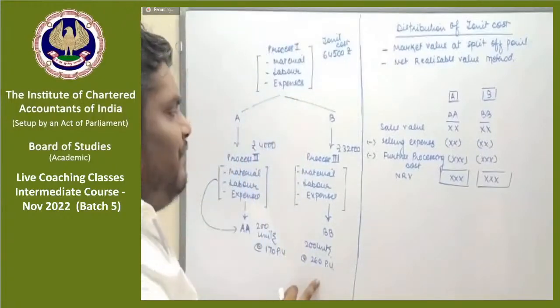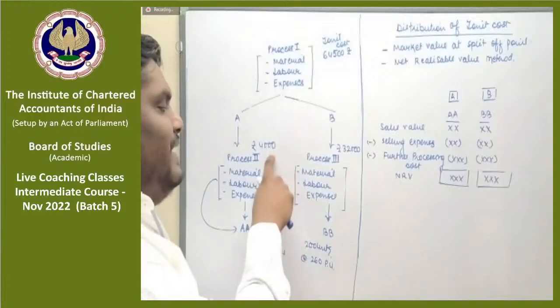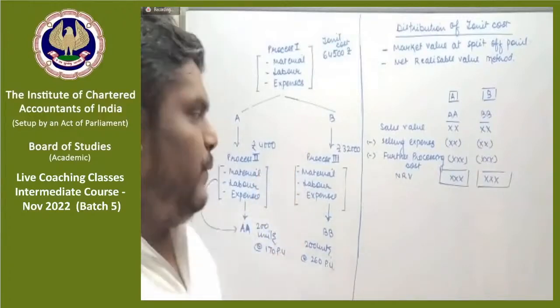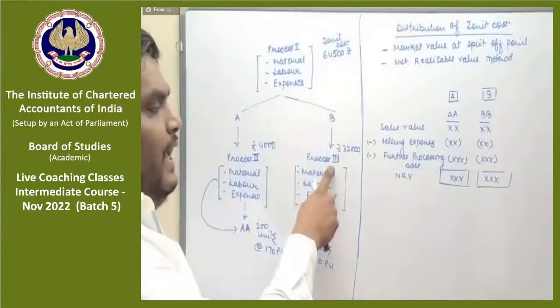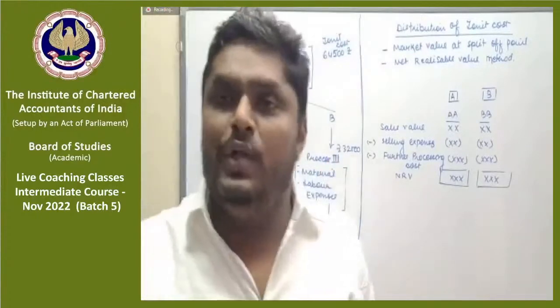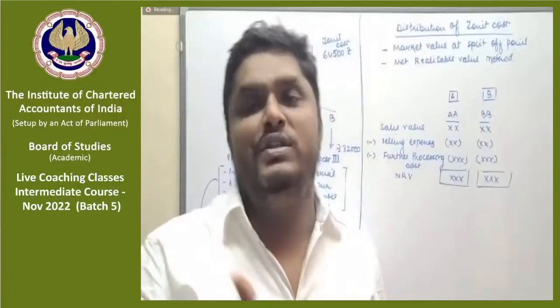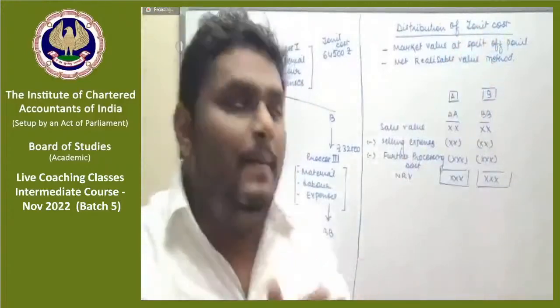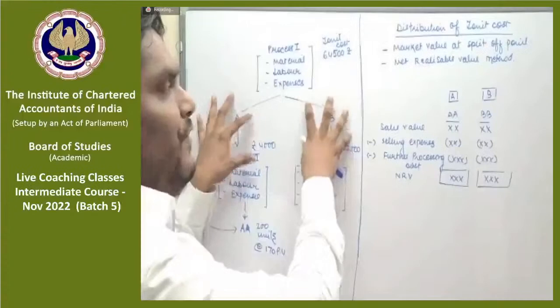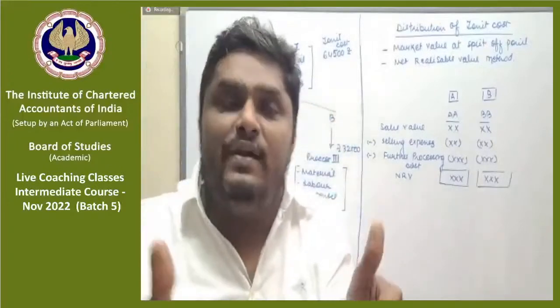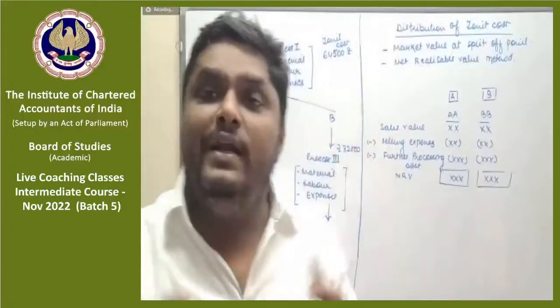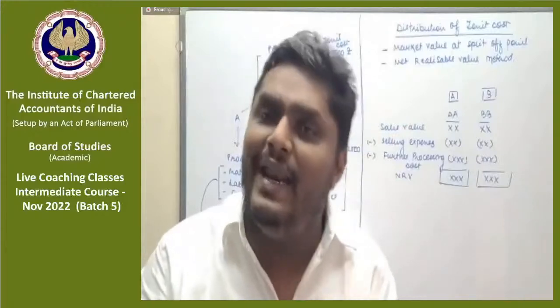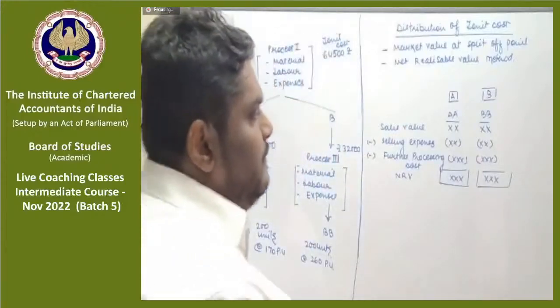The further processing cost of process second is 4,000 and process third is 32,000. Now the question is how to distribute the joint cost. The first method cannot be applied because the market value of A and B is not given. So we will calculate the dummy market value or net realizable value.